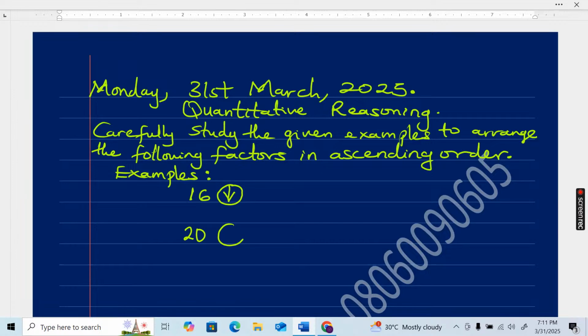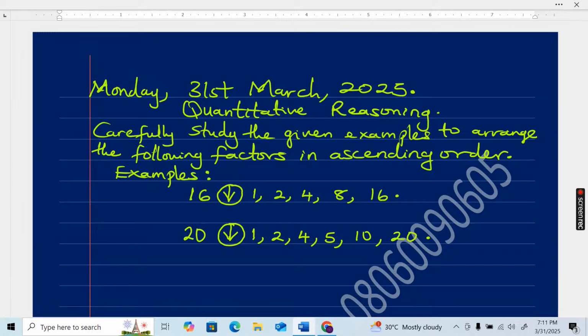I also have a small circle with an arrow facing down in the circle. Now, what does this mean? Right here, I have 1, 2, 4, 8, 16. The next one, I have 1, 2, 4, 5, 10, 20.